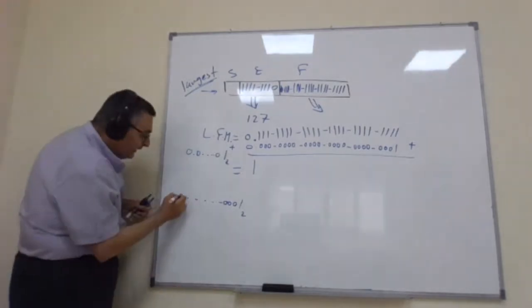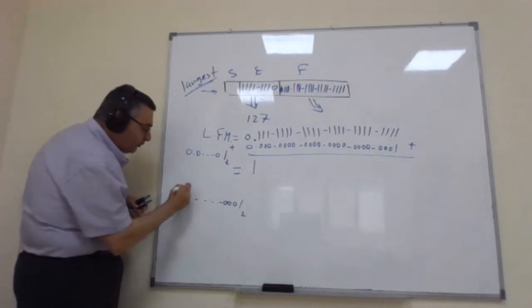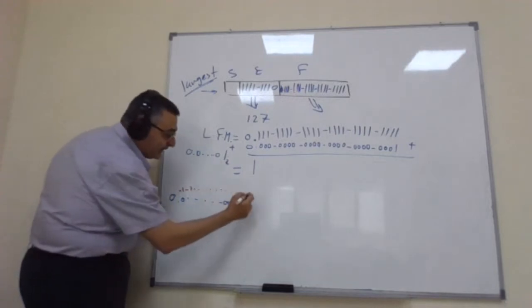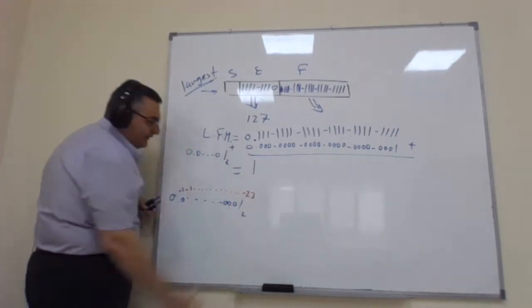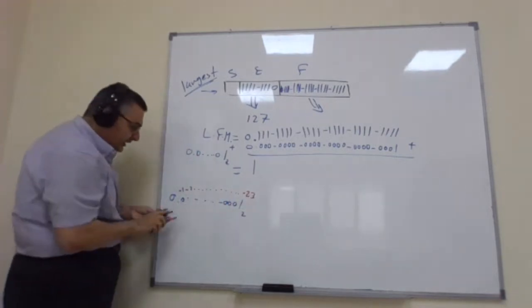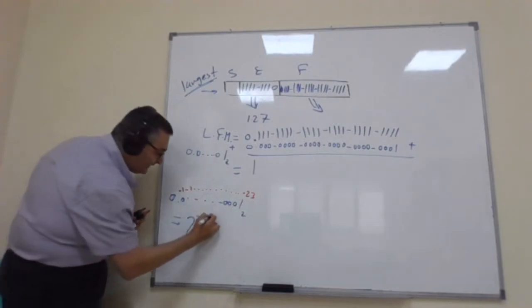Exactly, because the first zero here is order -1, then -2, -3, -4, until this bit has order -23. So the value of this number equals 2 to the power -23.